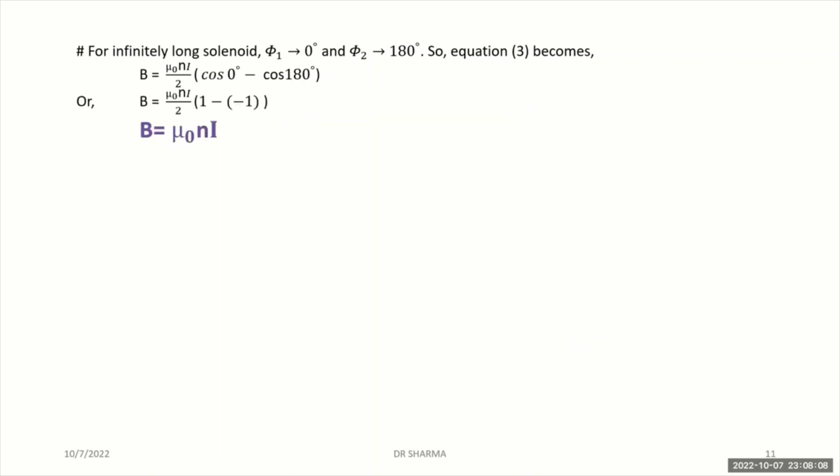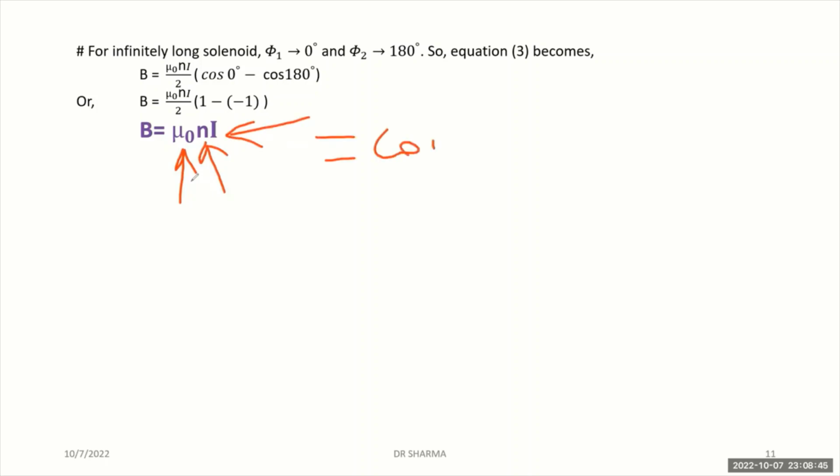Substitute their values and get the result: B is equal to mu naught n I. Remember, this mu naught is the permeability of free space, meaning the inner part of the solenoid does not have any solid or any other medium, just air, an air-cored solenoid. Here n is the number of turns per unit length of the solenoid, and I is the current, which are all constant.